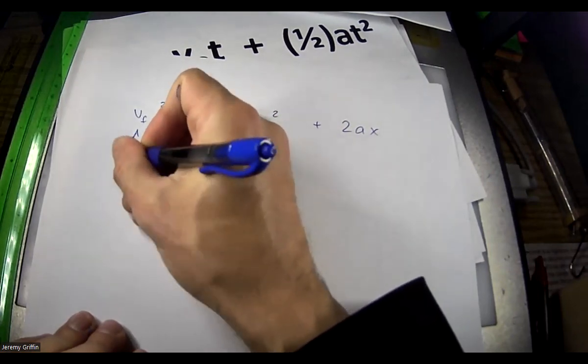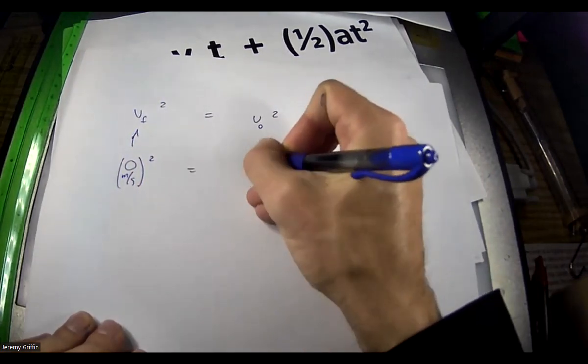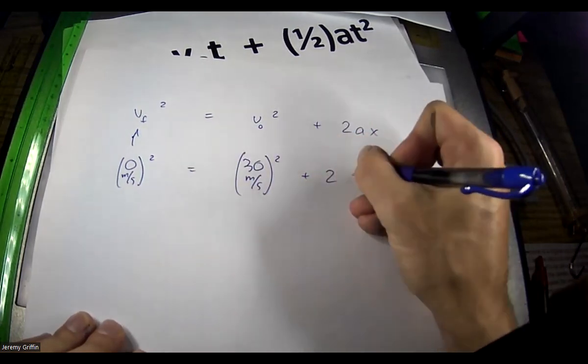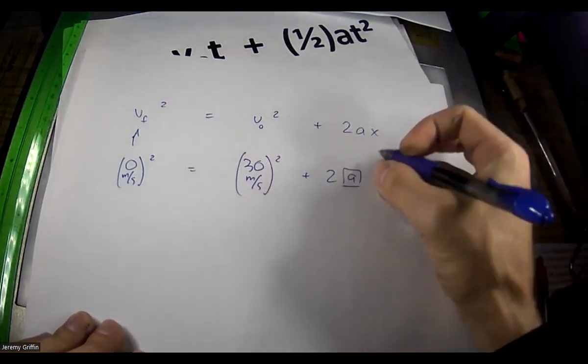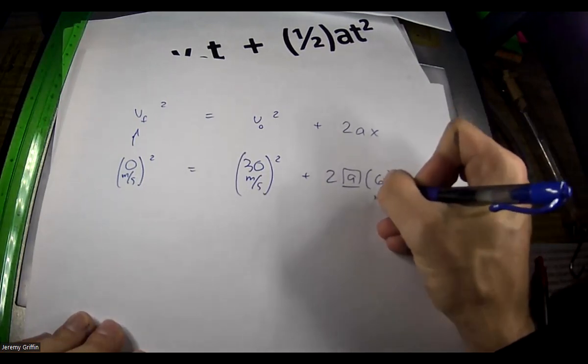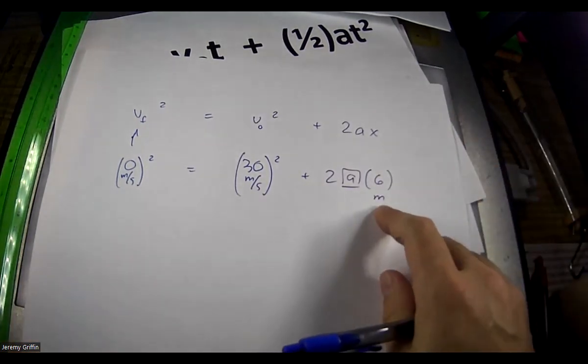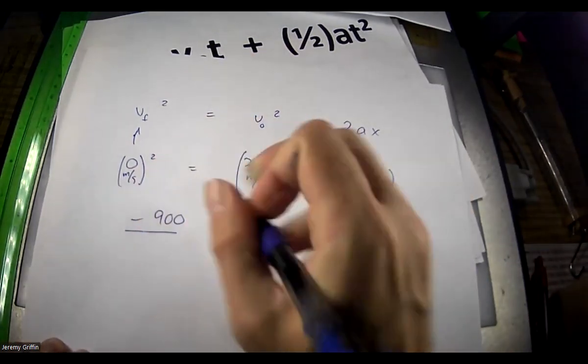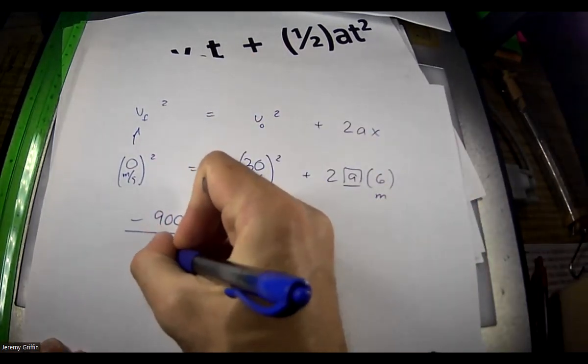So we're going to rest from highway speed. We're solving for the slowdown rate, and we're going to go up to 6 meters, which is triple the 2 meters. Okay. 30 squared is 900. Divide by 12.